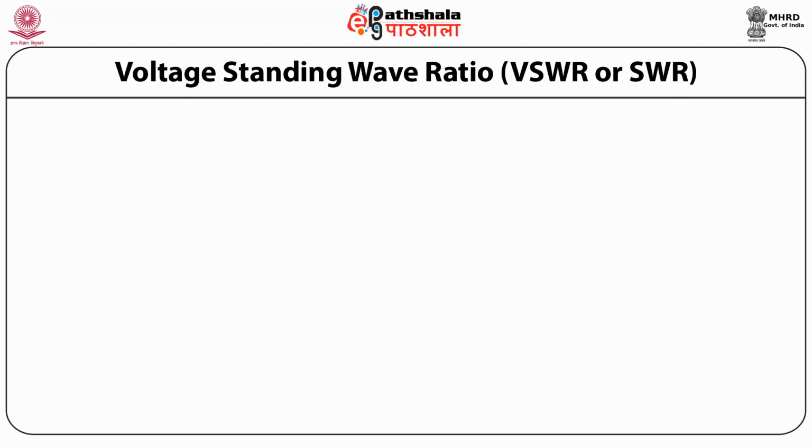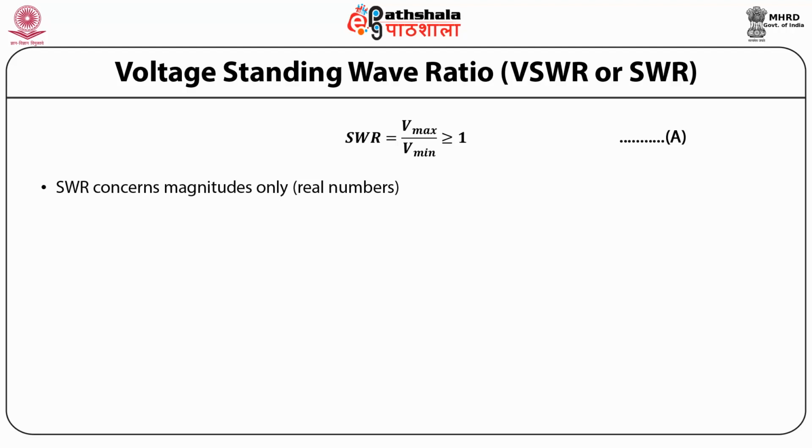So we have the voltage standing wave ratio, VSWR or SWR, equal to Vmax by Vmin, greater than or equal to 1. SWR concerns magnitude only.